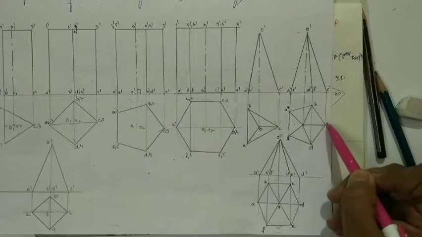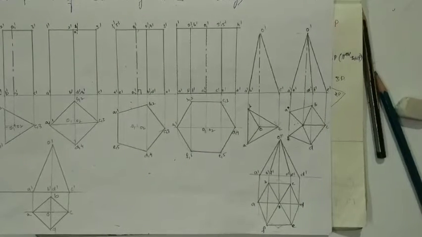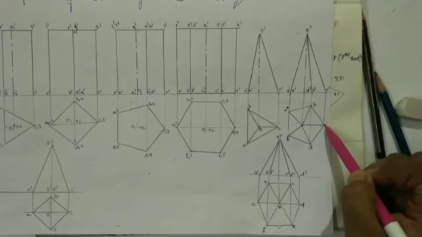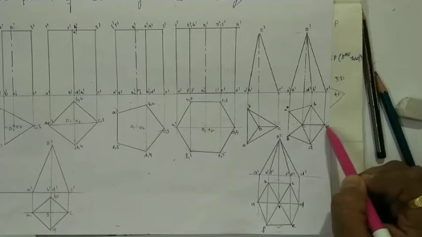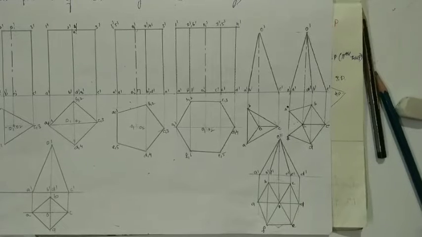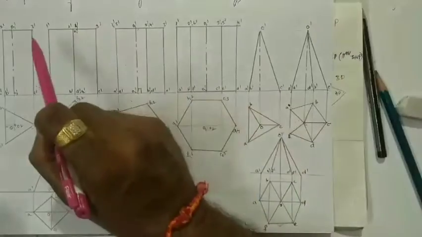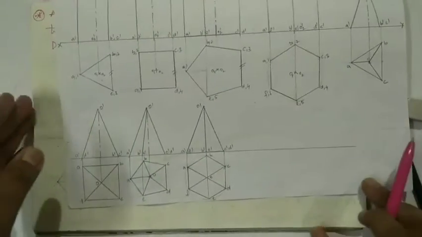Even though we consider this as corner resting, it cannot be considered, because it will be resting only on the corner or on the slant edge. In this problem you can take two possibilities for the triangular face: corner resting or slant edge resting. That is not possible in the basic positions of the pyramid which is on corner resting.